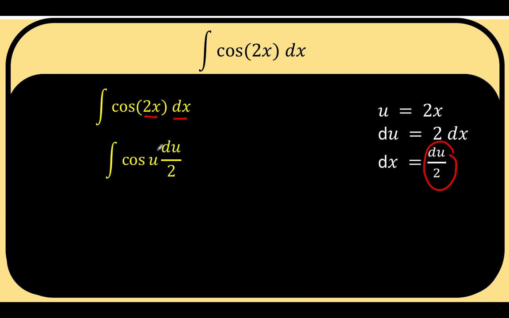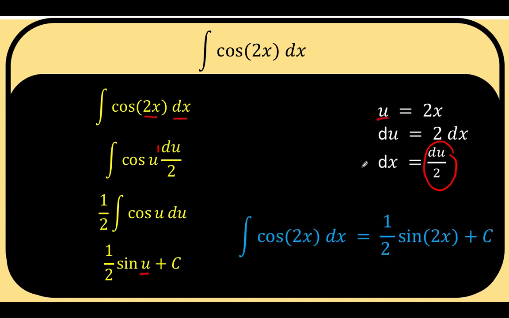Then factoring out the constant 1/2, we have 1/2 times the antiderivative of cosine u du. We know how to find the antiderivative of cosine x dx, so we can also apply that formula to find the antiderivative of cosine u du. The antiderivative of this is sine of the angle plus c. And then, on substituting again the value of u, we arrive at this final answer for the integral of cosine 2x dx.